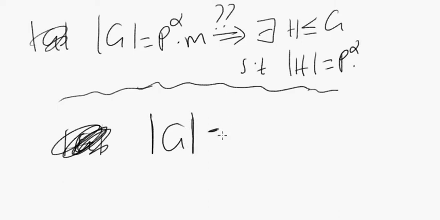Suppose that instead the order of G was p squared times m, where p and m are relatively prime.